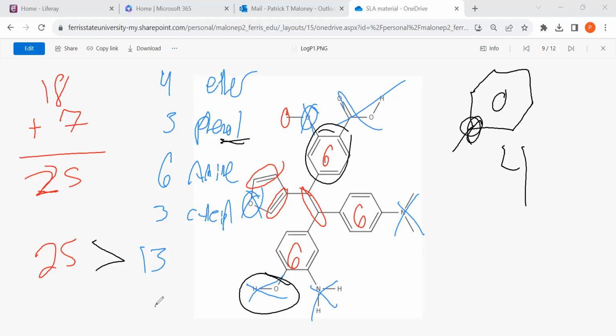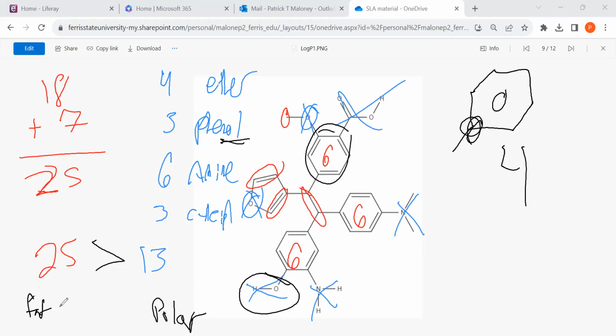The answer is no. The 13 here represents its polar solubility. The 25 here on the right is our number of carbons. Carbons are very lipophilic, so this represents our fat solubility.